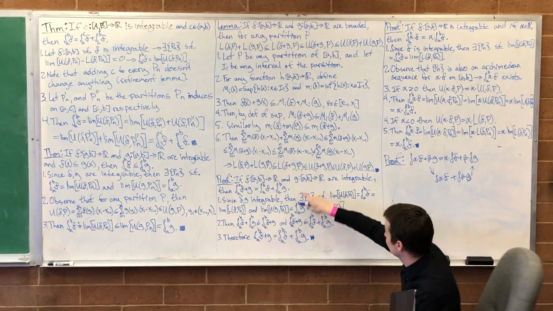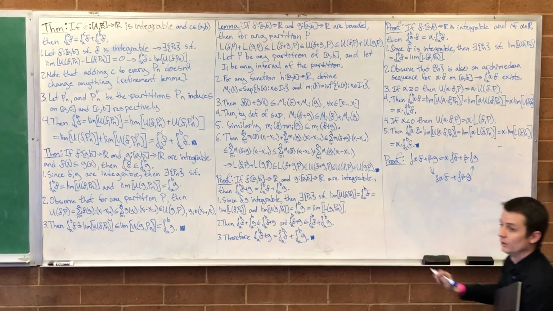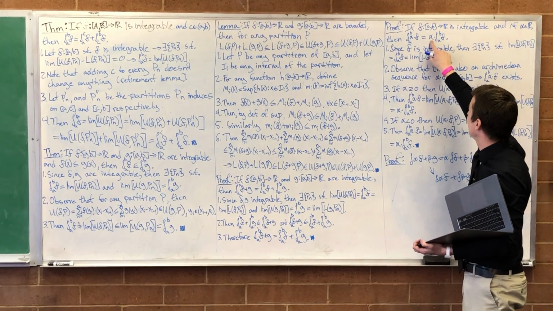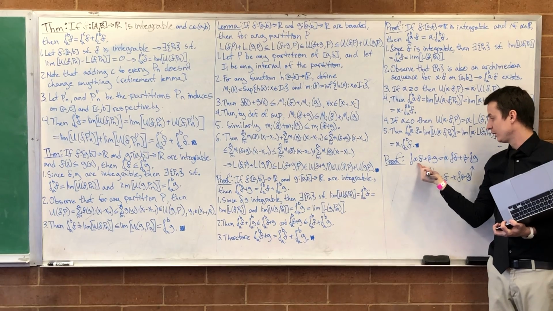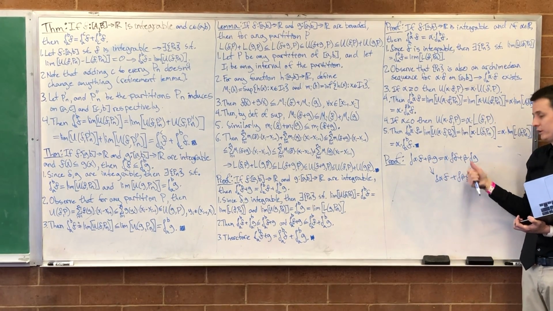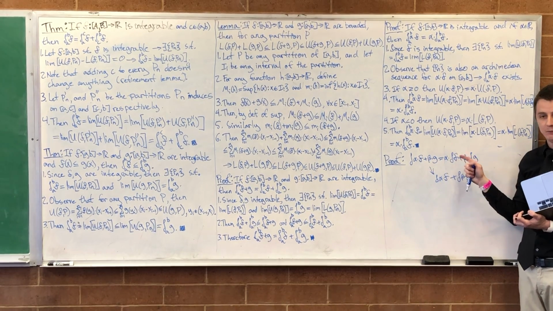So I did first prove that the integral of the sum is the sum of the integrals. And then I did a proof that the integral of a constant times the function is a constant times the integral of the function. The book does a proof that the integral of a constant times f plus a constant times g is equal to the constant times the integral of f plus a constant times the integral of g, which you can see how using my way still does that.